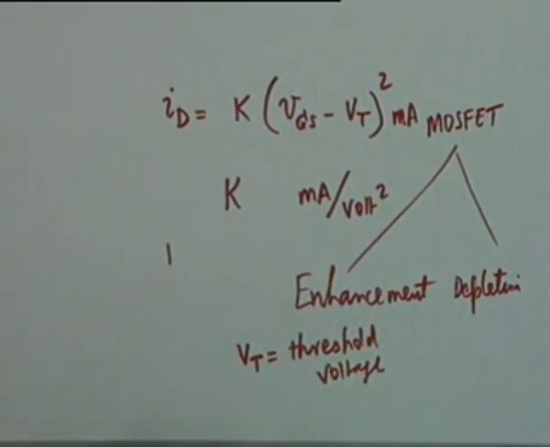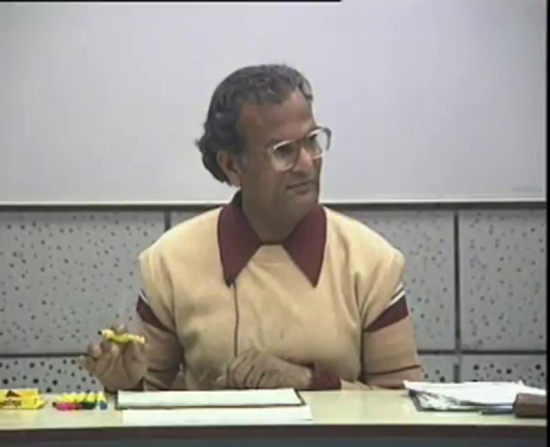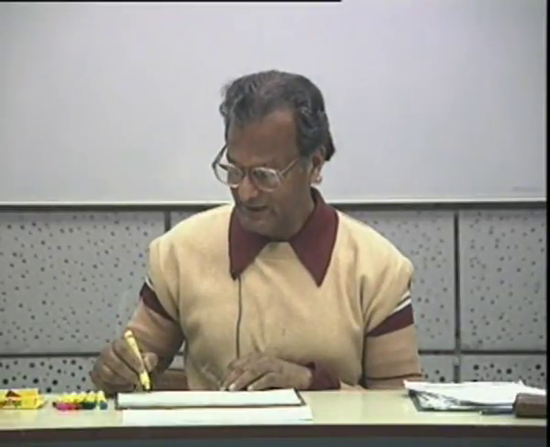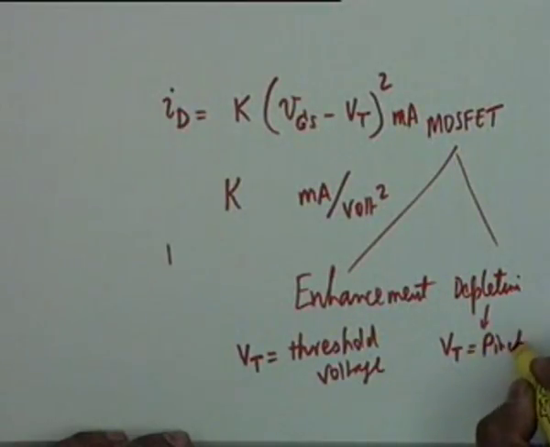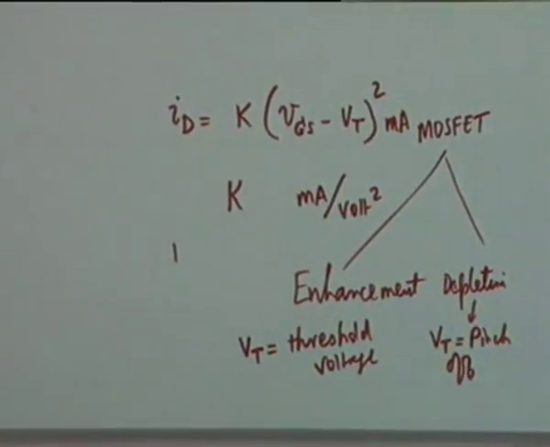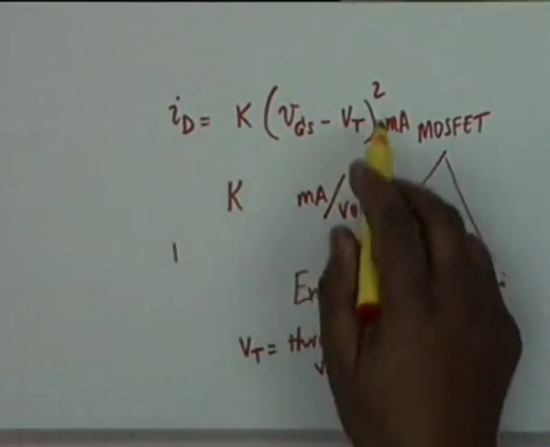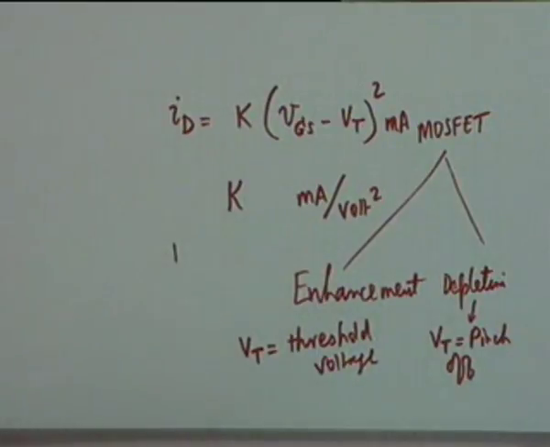This threshold is for saturation. That is, beyond this, the drain current gets saturated. On the other hand, in the depletion mode, once again the pinch off phenomenon, the same phenomenon, and therefore VT is the same as the pinch off voltage. Nevertheless, the relationship is very similar for both JFET and MOSFET.